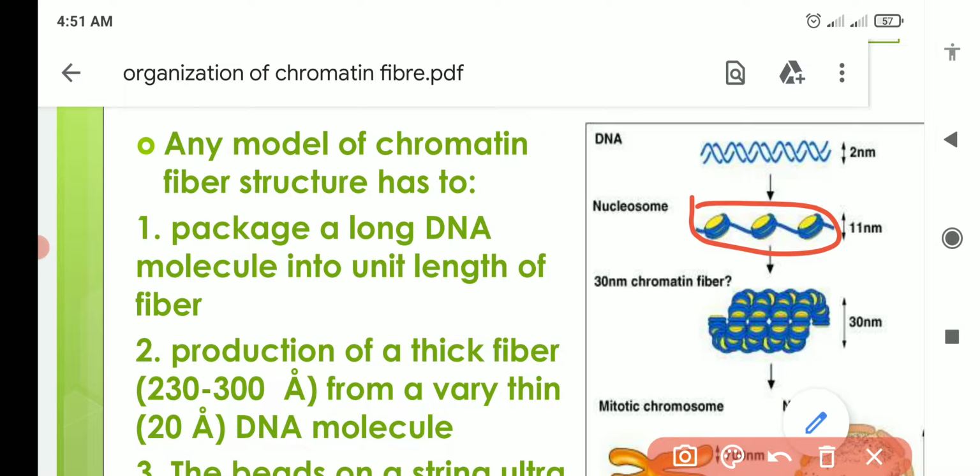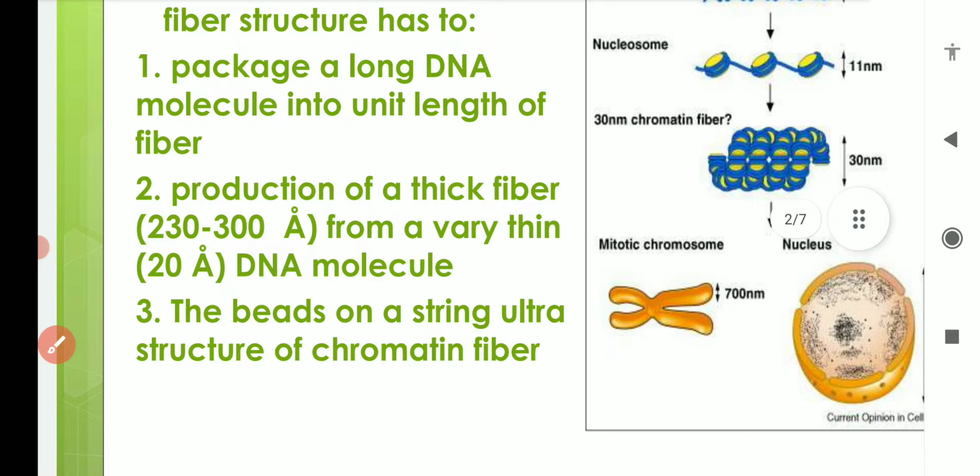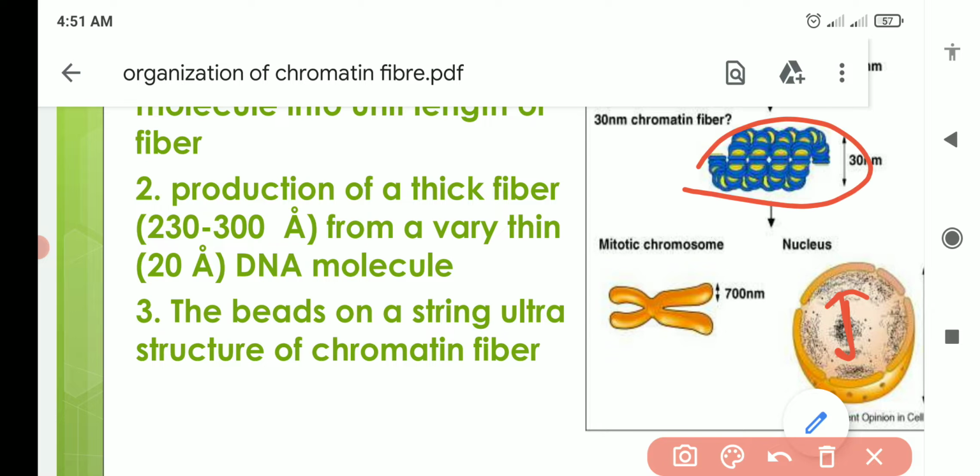After that, these nucleosomes get a special type of coiling and form the 30 nanometer fiber, or we can say the 300 angstrom thick fiber. The width of this chromatin fiber will then be 300 angstrom. After that, this fiber will form the chromosome arm, which is approximately 700 nanometer in diameter.